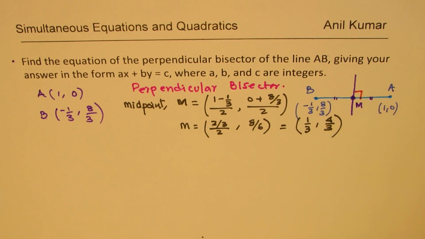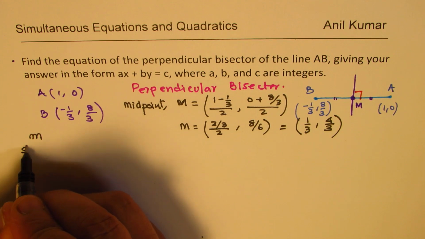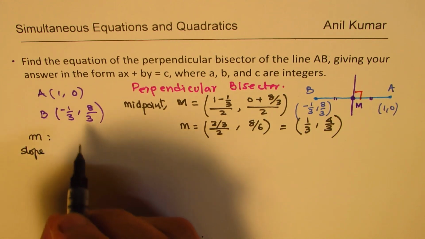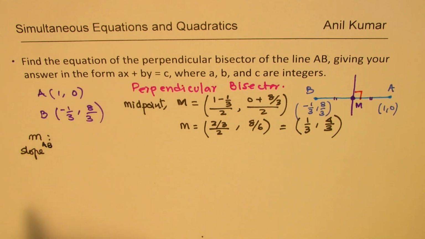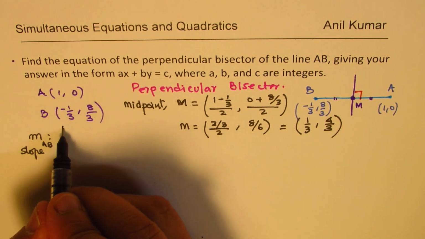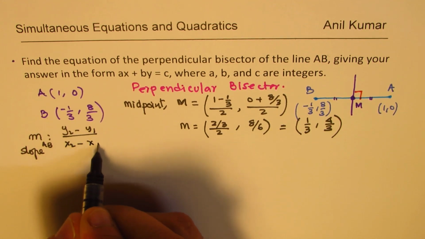Now the slope will be what? The small m. The small m is slope, which for the segment AB will be what? So y2 minus y1 over x2 minus x1.